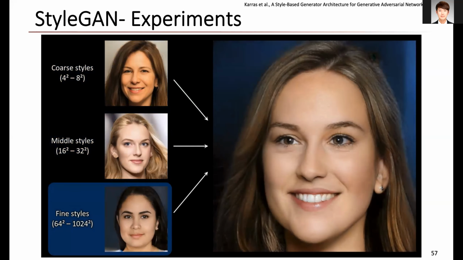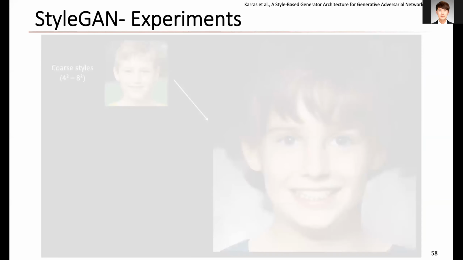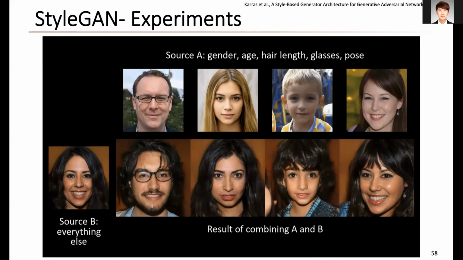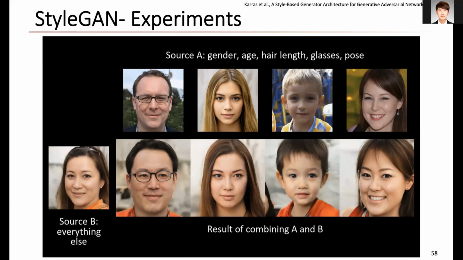Different levels of style emerge in the StyleGAN architecture. And they also show that the styles of two images can be merged to generate new images. And by adjusting the mixing style level, we can adjust the mixing style information. Looks like this.